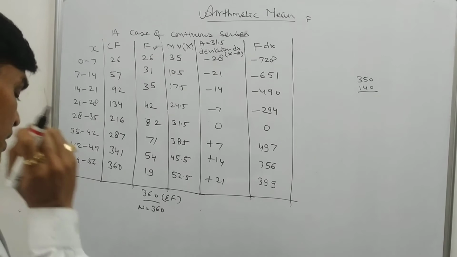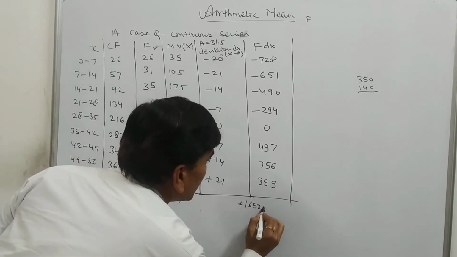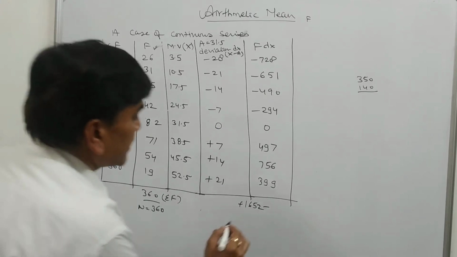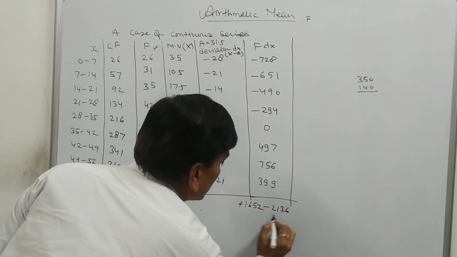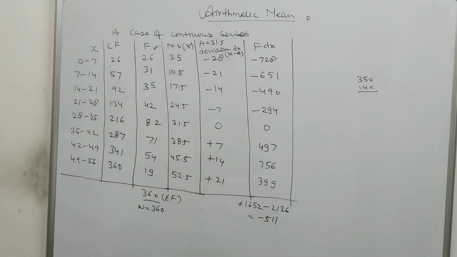So the positive value will be 1652, and the negative value will be 2136. So we will have a result of 511.